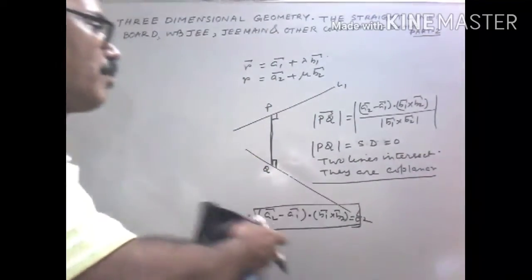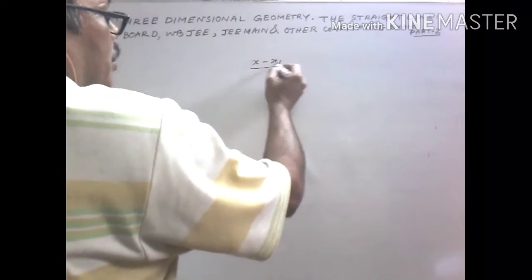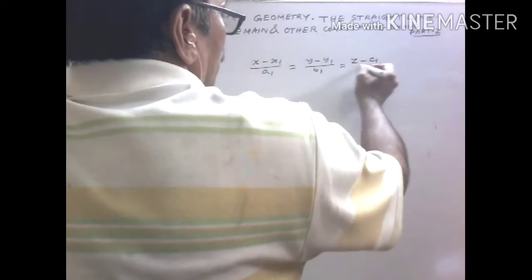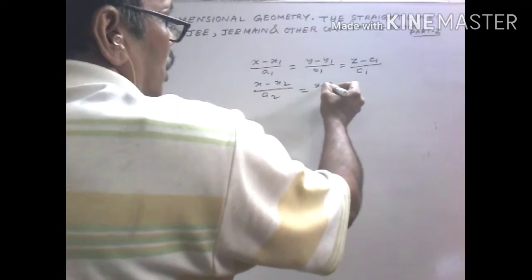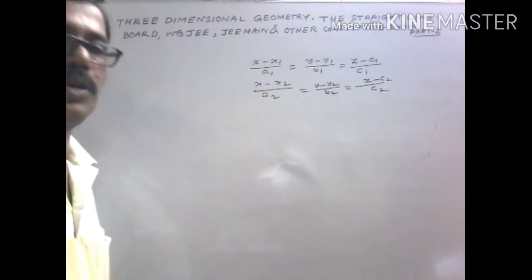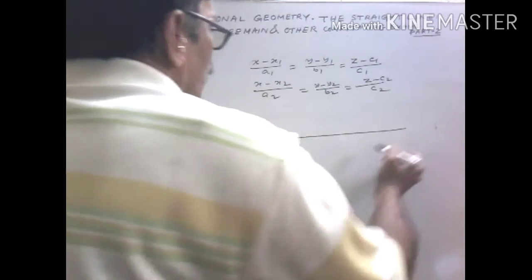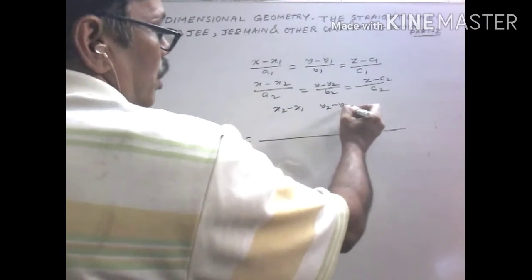Now, in terms of Cartesian coordinates, what will be our result? So the lines will be (x − x1)/a1, (y − y1)/b1, (z − z1)/c1, and (x − x2)/a2, (y − y2)/b2, (z − z2)/c2. So the formula of shortest distance: a2 − a1, that is x2 − x1, y2 − y1, z2 − z1.